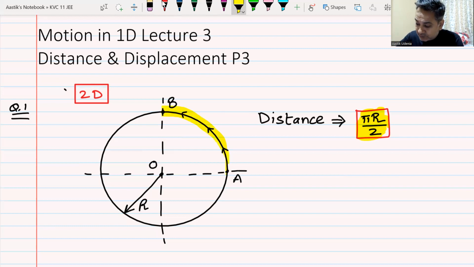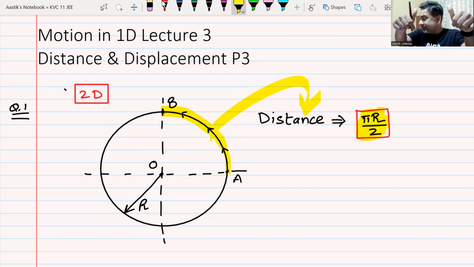Yes or no? The length of this path is the distance. Now, once you understand that the length of the path is the distance, you have to find out how much the length of the path is. How do you find the length of this path? The total circumference is 2 pi r. It is 1/4. So the answer is pi r by 2. Yes or no?